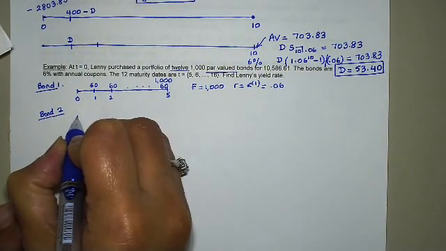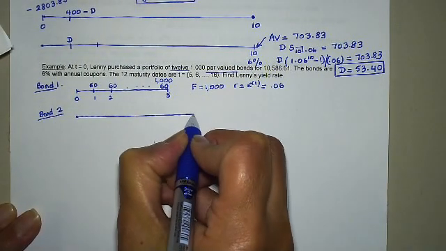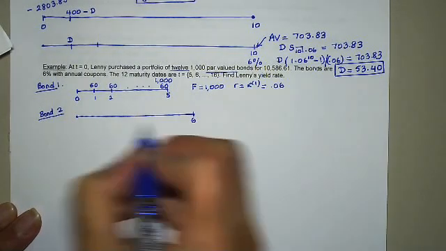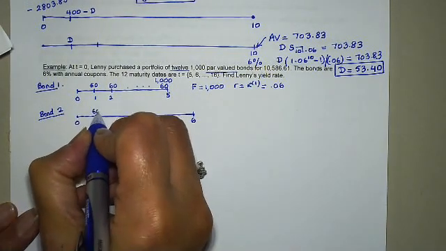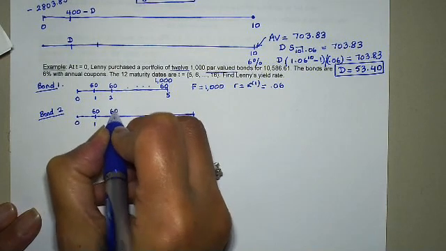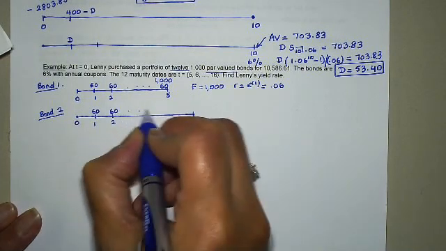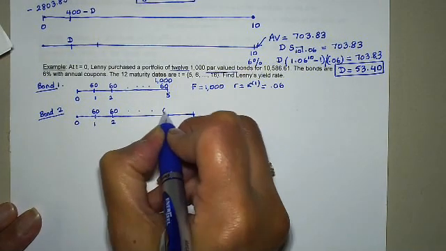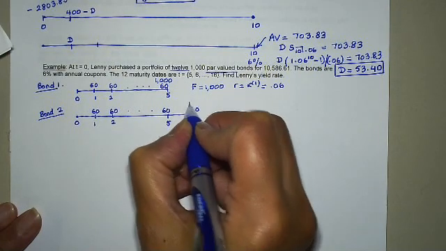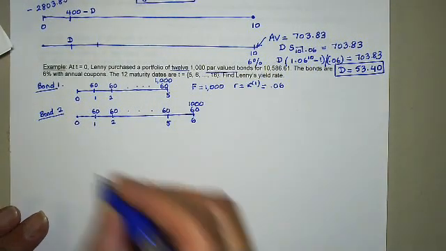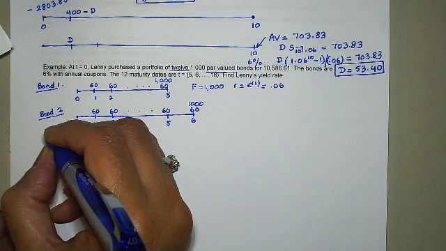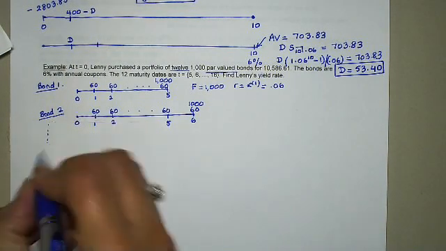Now let's go to the second bond. We set up this pattern. This bond matures at t equals 6. So at 1 you have 60, at 2 you have 60, at 5 you have 60, at 6 you have 60 plus 1,000, redemption of 1,000. And this continues. We've got how many bonds? 12.